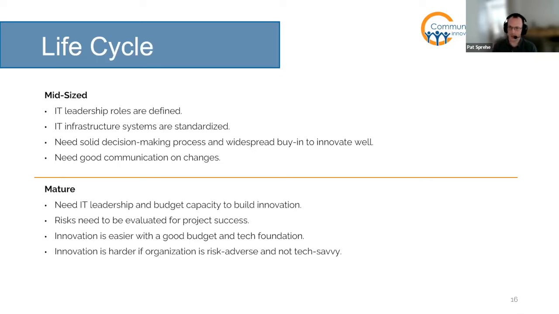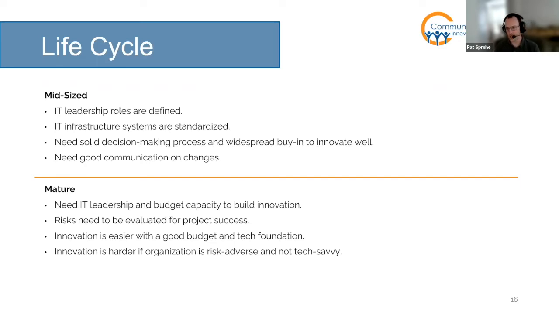For large organizations, we tend to see them go in two directions. We'll see organizations where they have a very good budget and a very good technology foundation in terms of not just the infrastructure that they have, but that the staff are very comfortable with technology and are very open to innovation or new technology.